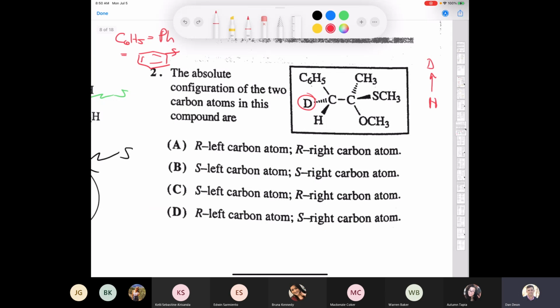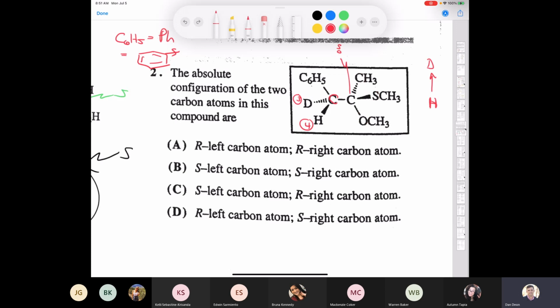So if we look at the carbon, I'll highlight this carbon in red, okay? The hydrogen is going to be lowest priority. The deuterium is going to be the third highest priority because it's the closest to hydrogen. Then if you look at the other ones, well, this carbon here is attached to sulfur, oxygen, and carbon. We go with the highest atomic number first.